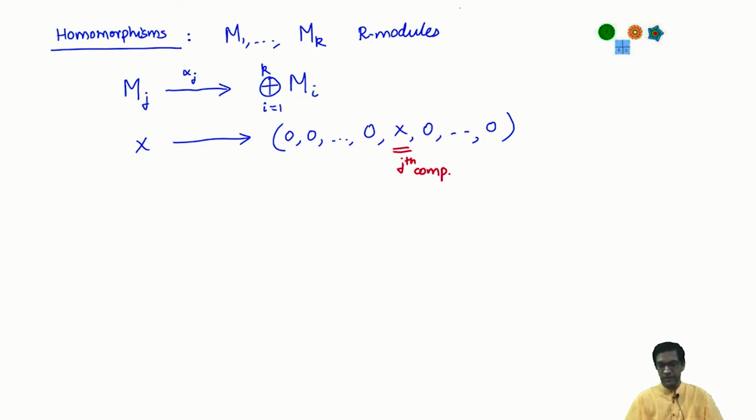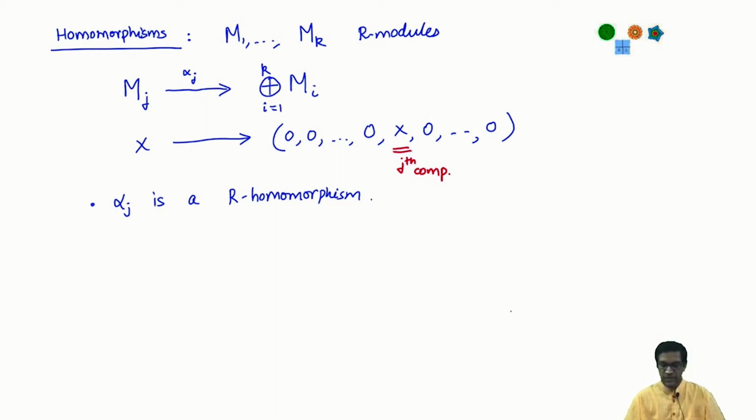This is a well defined map, and as is clear because the right hand side has all componentwise operations, alpha j is an R-module homomorphism. Addition goes to addition, x plus y goes to x plus y on the right side, and similarly when you multiply by r on the left side, it goes to multiplication by r on the right side.